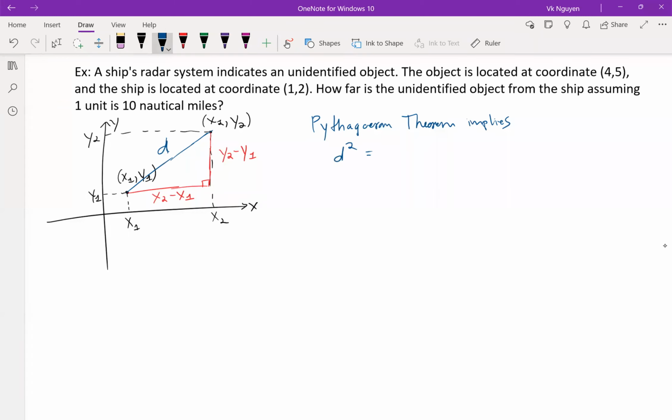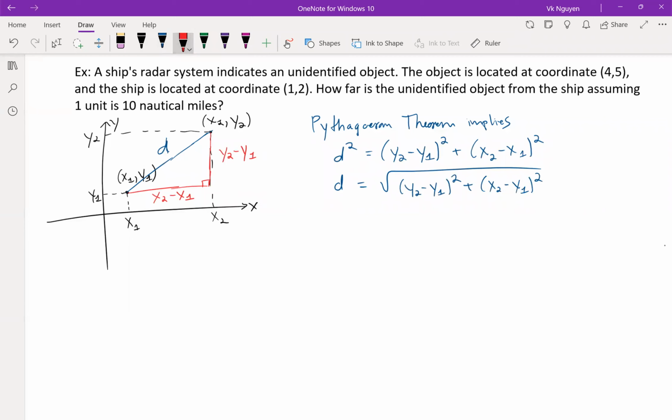d squared is (y2 minus y1) squared plus (x2 minus x1) squared. So d is going to be the square root of (y2 minus y1) squared plus (x2 minus x1) squared. Now we can just use substitution to figure out d.